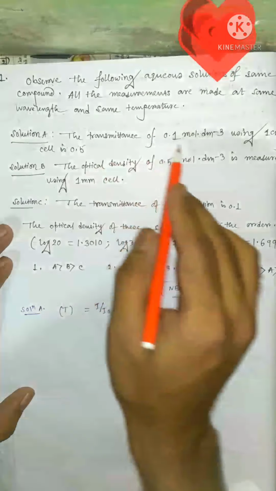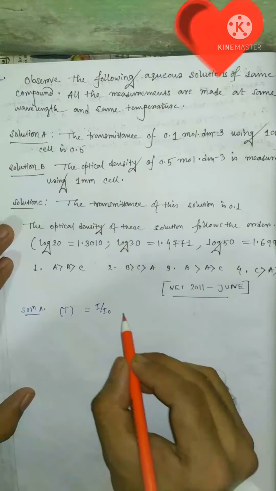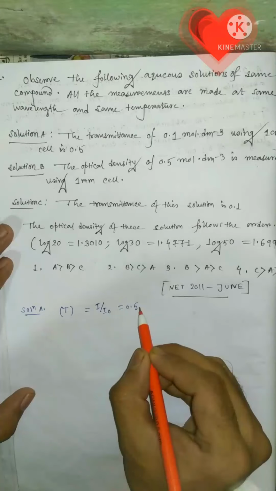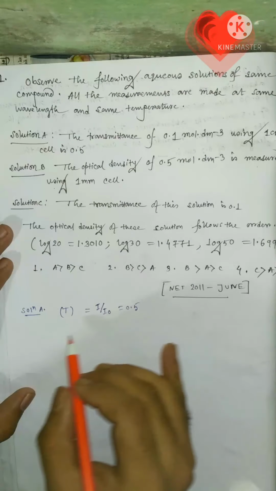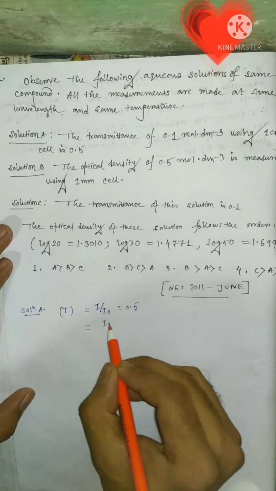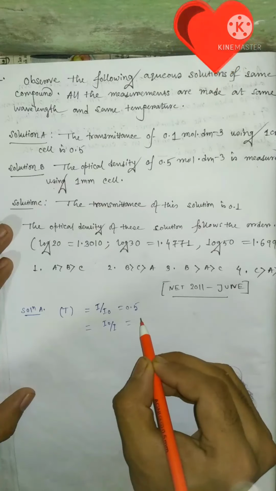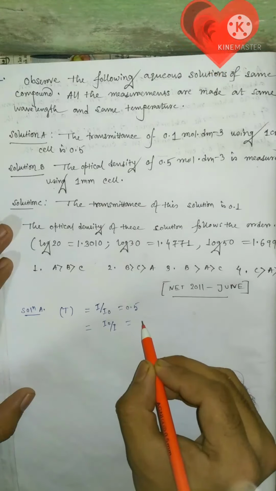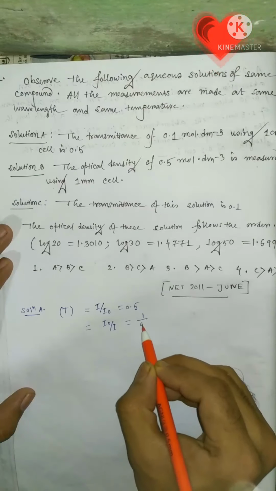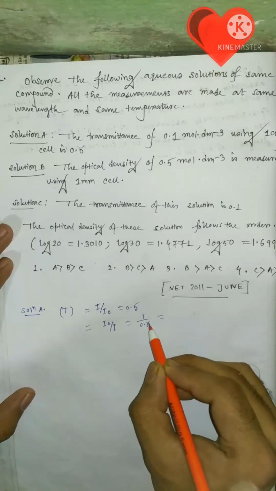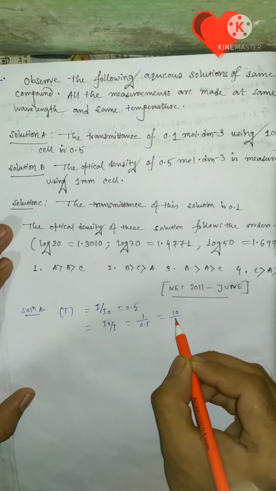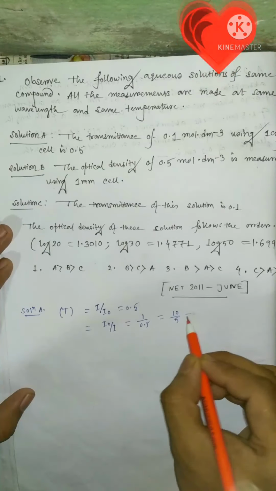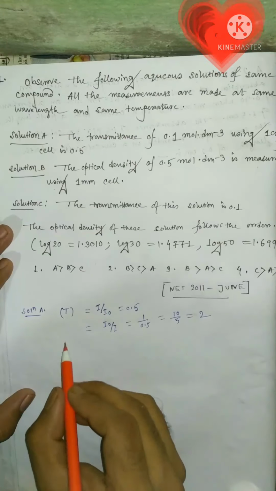So I by I naught equals 0.5. I naught by I equals the reciprocal of this, 1 by 0.5, which is 10 by 5, so 2.